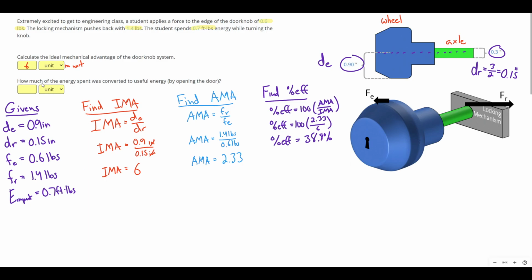And we're asked how much energy spent was converted to useful energy. So this will be our last calculation for the problem. I'm going to kind of do this at the bottom here. So at the last step here, we're going to find the useful energy.